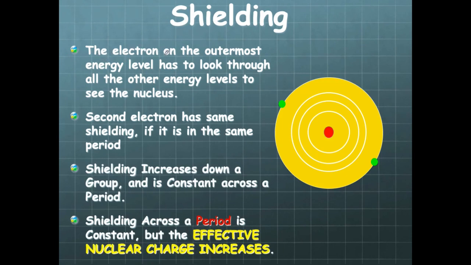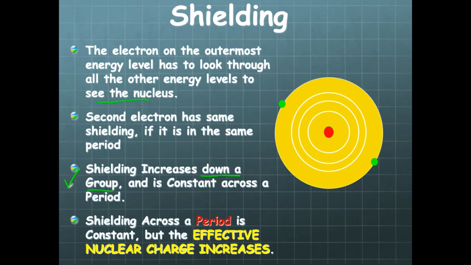The electrons on the outermost energy level have to look through all the other energy levels to see the nucleus. So the shielding is the same if the electron is in the same period. The shielding increases as we move down a group and is constant across a period.